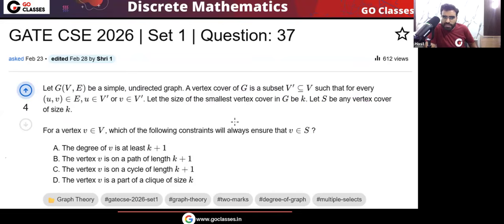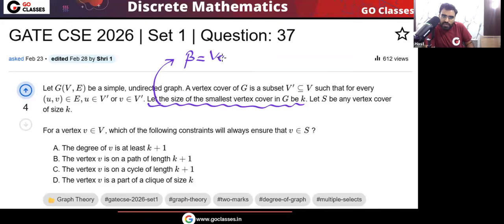Remember, in any graph, the smallest vertex cover may not be unique, but all the smallest vertex covers will have the same size. So from these two lines, you can see that S is a smallest vertex cover. First of all, from this line I can say that the vertex cover number, that is beta, is k.